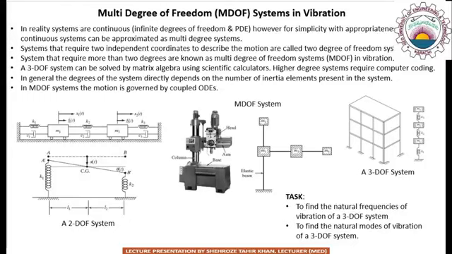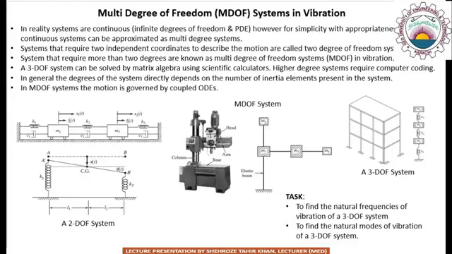Since the solution of partial differential equations is quite difficult as compared to ordinary linear differential equations, we model our real-world systems as a multi-degree of freedom system, either as a 2 degree of freedom system in its simplistic form or a 3 degree of freedom system in the detailed form.